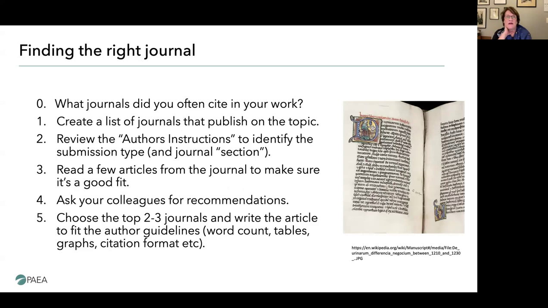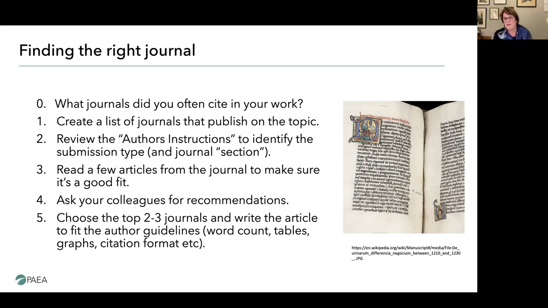And the targets for those are very different in terms of the publication or the journal. So next, thinking about the right journal or the right several journals, one approach that you might want to use is to think about the journals that you were citing a lot in your work. I'm going to make this up, but let's say there were 50 citations in what you wrote, and it turned out that 25 of them were in Health Affairs.